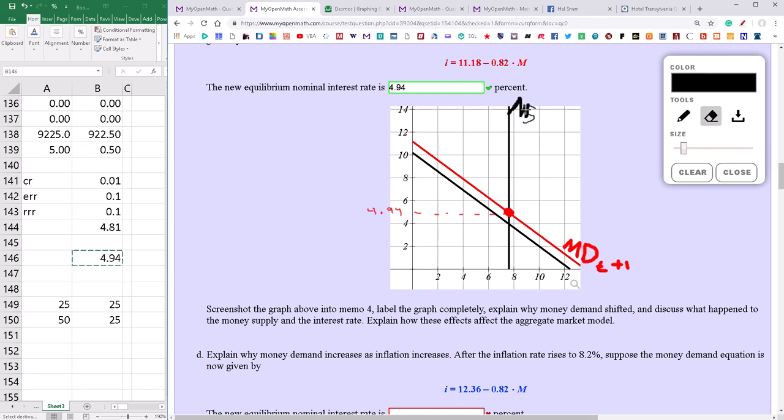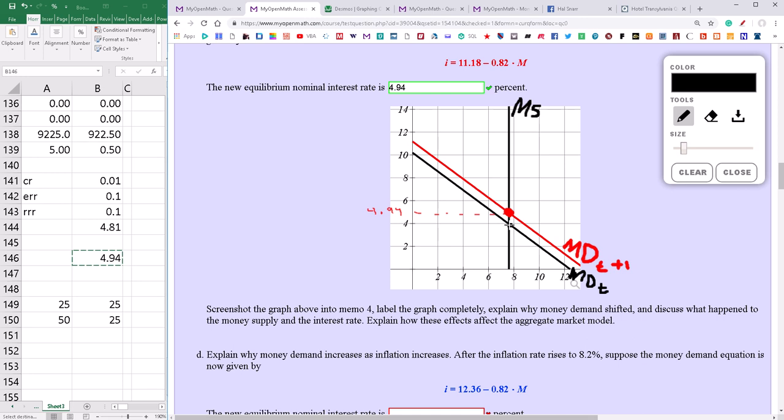Let me just erase that and start over. Here's the original money demand at time t.